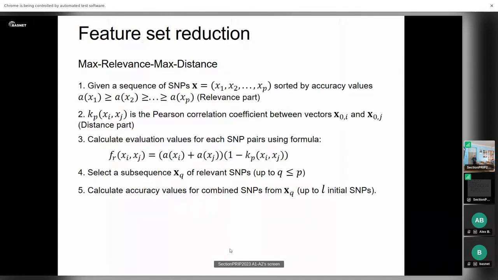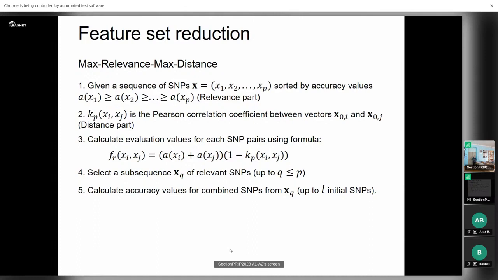About the feature set reduction, we used max relevance and max distance. Given a sequence of SNPs X, it can be sorted by accuracy value. This part is relevance, and then we calculate the distance for each SNP pair, and this distance can use the Pearson correlation coefficient or another.